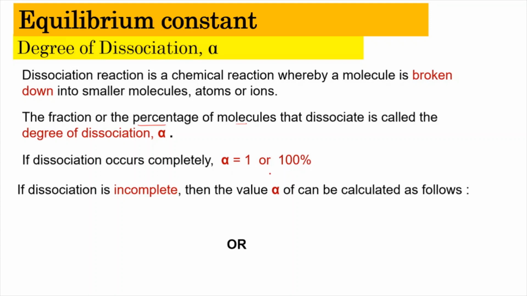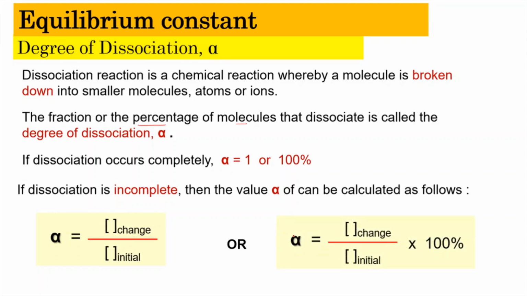And if the dissociation is incomplete, tidak sempurna, then the value of alpha can be calculated as follows, in which alpha is equal to the change in concentration divided by the initial concentration. Or you can also find the percentage of dissociation by multiplying with 100%.